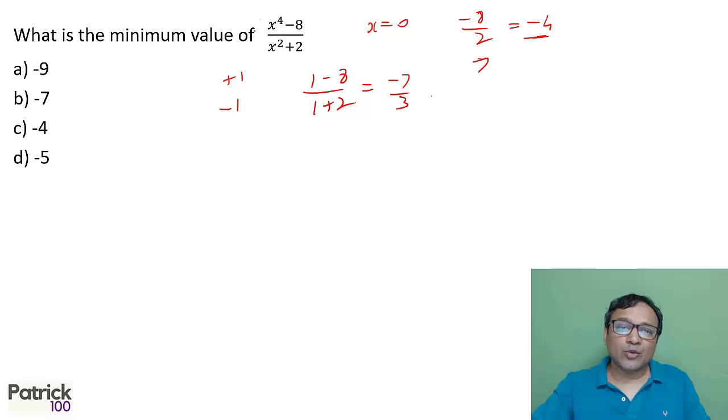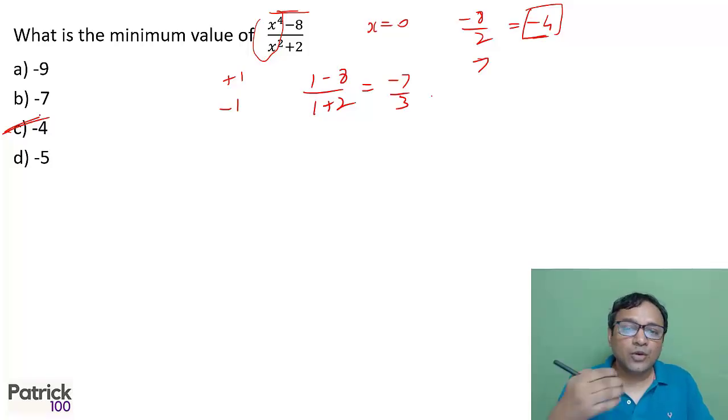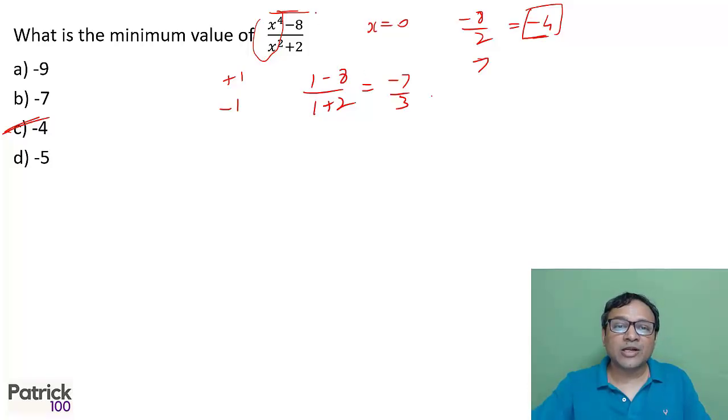If you put any other value, the numerator will become less negative or will become positive. So technically the minimum value is minus 4. If you substitute any other value like 2, 3, 4, the whole thing will keep on increasing because the numerator will become positive after some time. So the minimum value will be minus 4, and that will be the answer, C option.